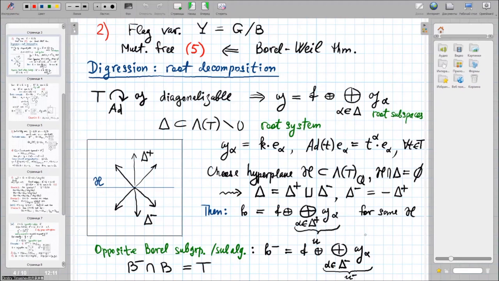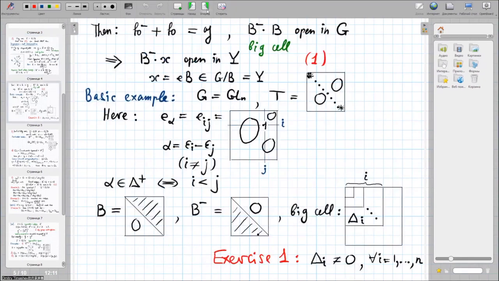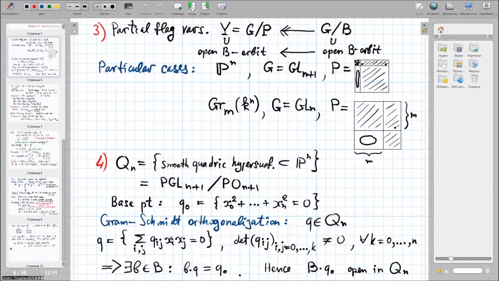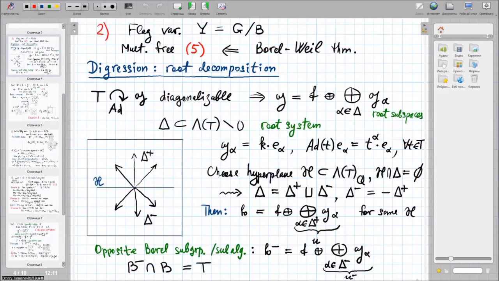So more questions? Well, it seems that so far there are no more questions. Then let me stop sharing. I want to ask one last question. Yes, please. In the root decomposition, the Lie algebra of the unipotent subgroup corresponds to the delta plus part.